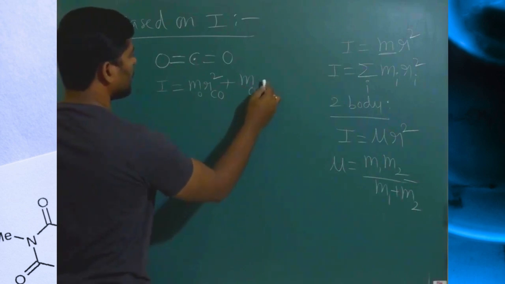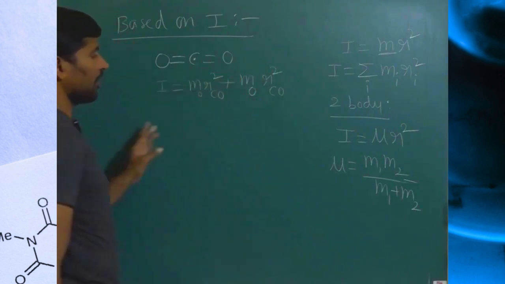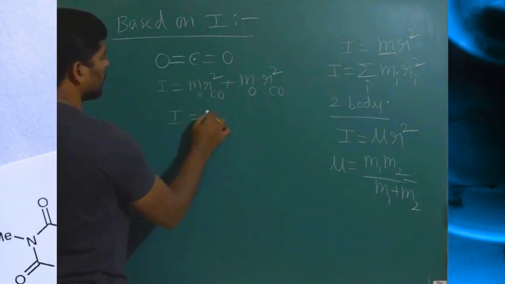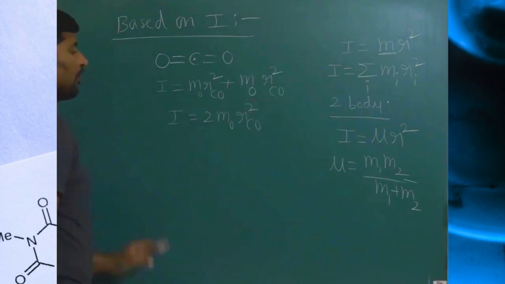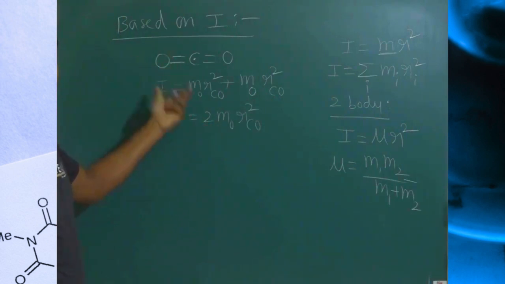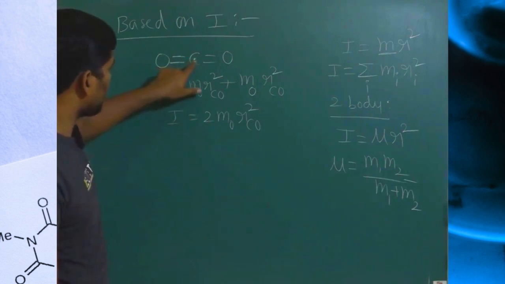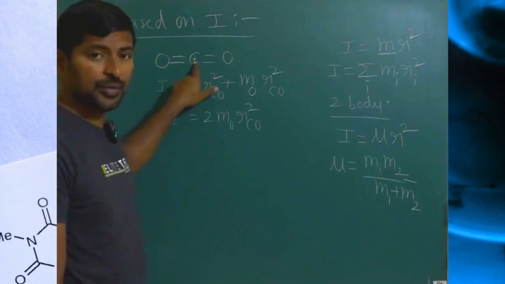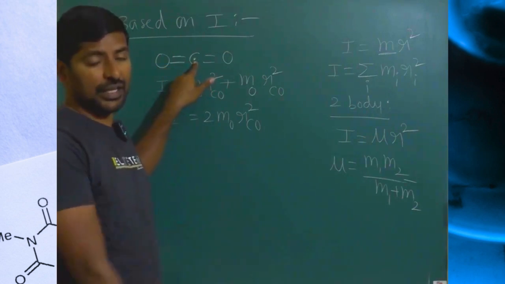That is for this bond and for this bond. So we get I equal to 2 into mass of oxygen atom times bond length of CO over 2, squared. Like this we can calculate the moment of inertia for the CO2 molecule. The center of gravity is where the masses are balanced from all directions.